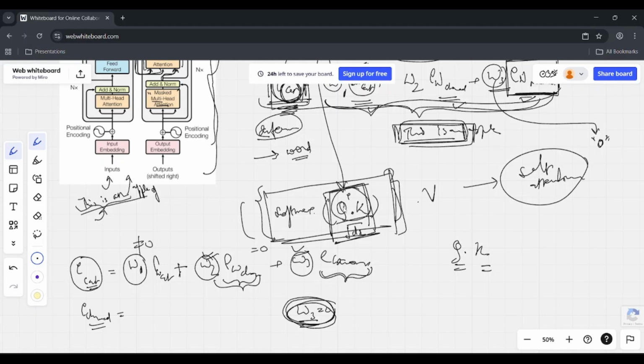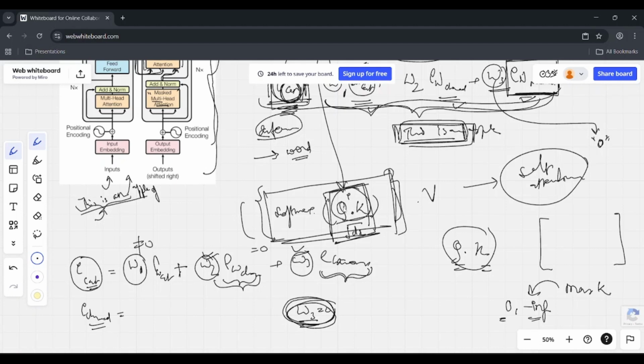What we do is we introduce another matrix which we call mask. Now this mask is nothing but a matrix of zeros and minus infinity, okay.